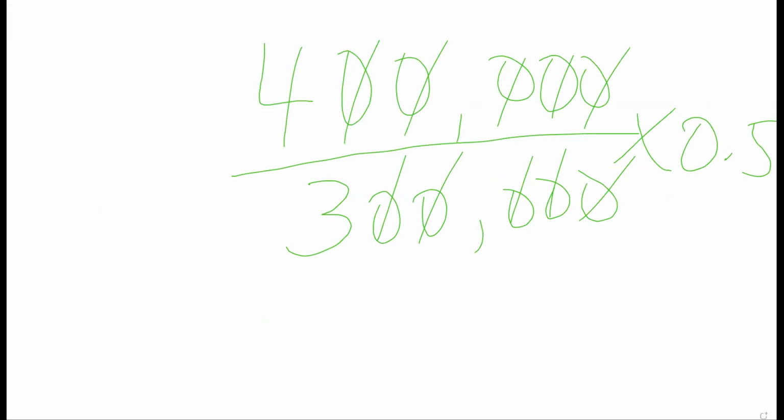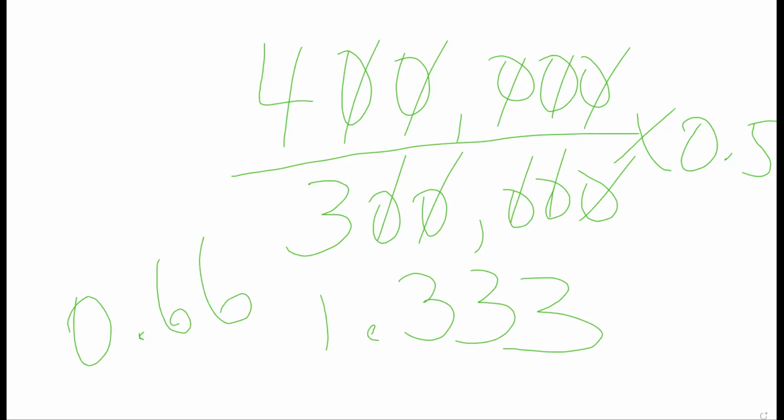And then you're going to multiply it times your 0.5. Leave everything in the calculator. Everything. Okay, this is 0.666. This is going to dictate this. So if you round it to the nearest 10th, it's going to be 0.7.